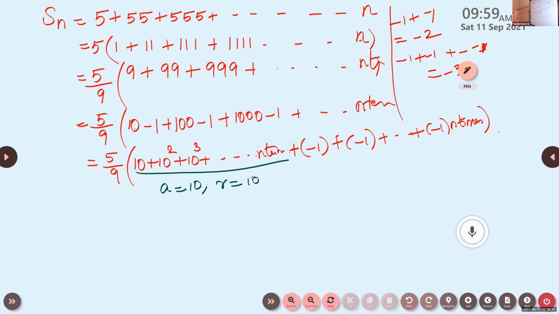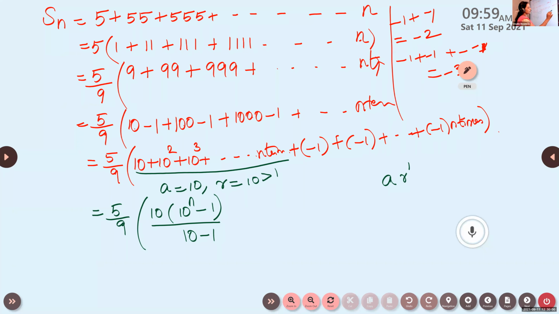If you take the first n terms, it is 5 by 9 into a, here 10, into common ratio 10 is greater than 1. So you can write this as 10 raised to n minus 1 by 10 minus 1. Is it correct? The formula is like this: a into r raised to n minus 1 by r minus 1.